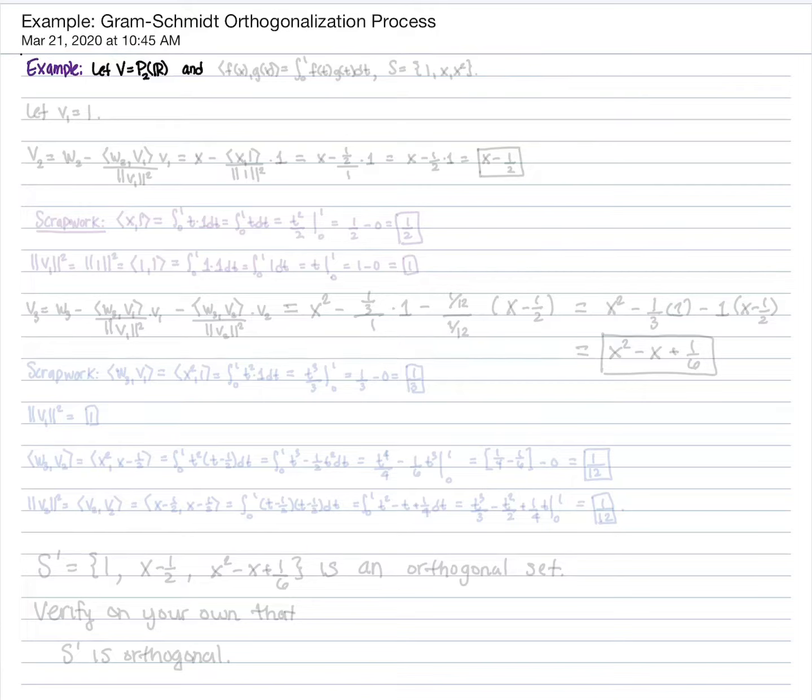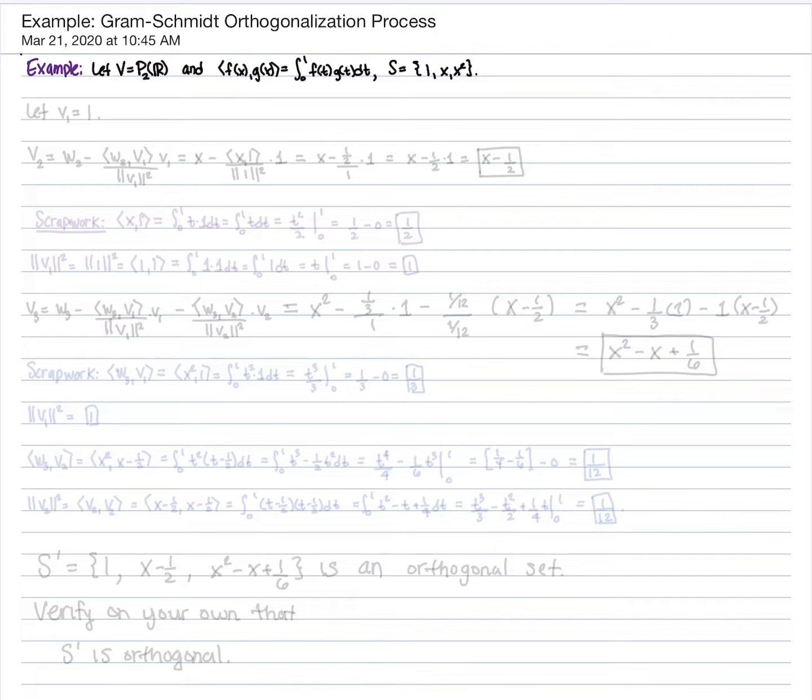And let's let our inner product be the integral from 0 to 1 of the product of the two polynomials. And let's let our set S be the standard basis, 1, x, and x squared.